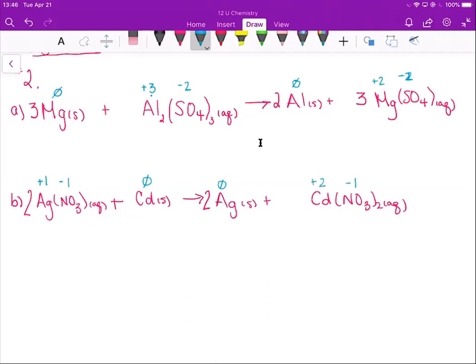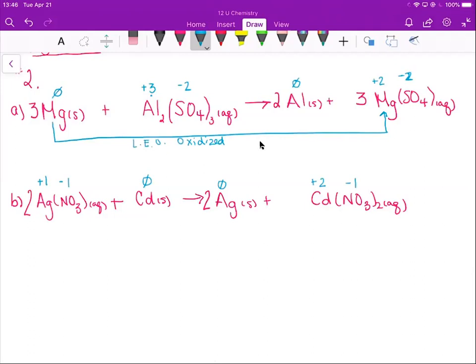So it's saying identify the reactant that's oxidized and the reactant that is reduced. We have to connect these two. So magnesium goes from 0 charge to +2. So that means it's loss of electrons, or LEO. This is oxidized, right?